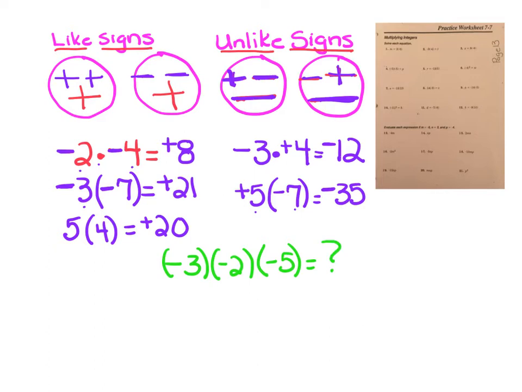We're asked to multiply. We need to take and multiply the factors 2 at a time. So for example, start with -3 times -2, which is this rule. A negative times a negative gives us a positive 6. Now let's bring down the -5 and work with the -5 times a positive 6.